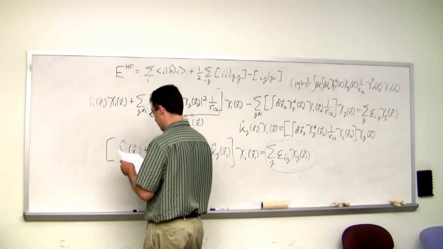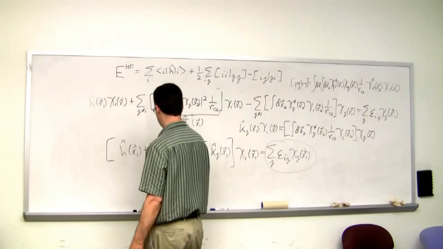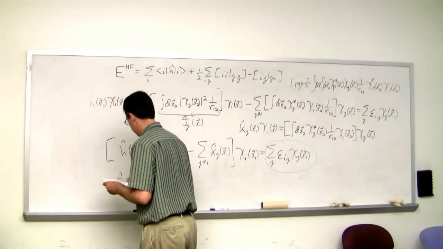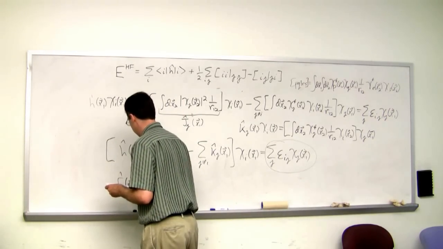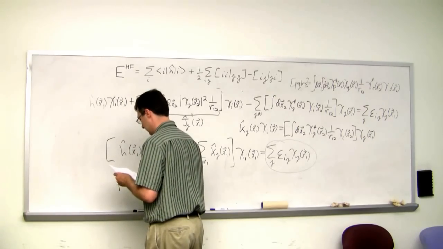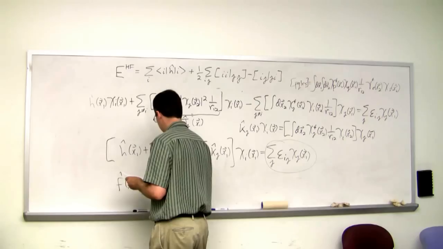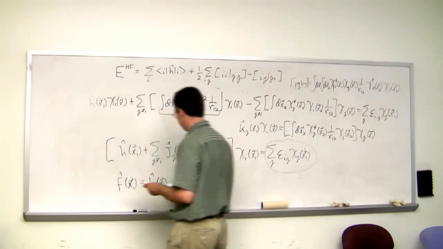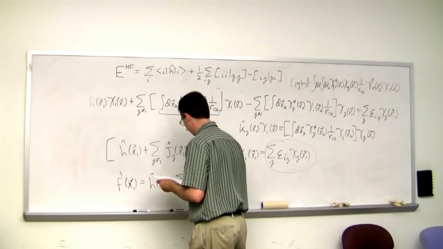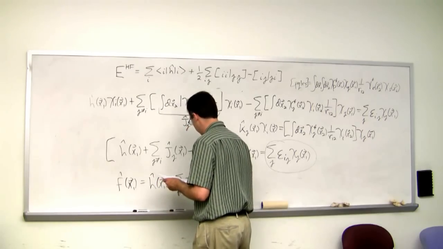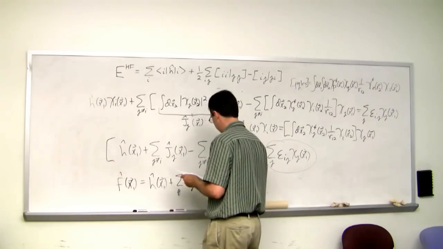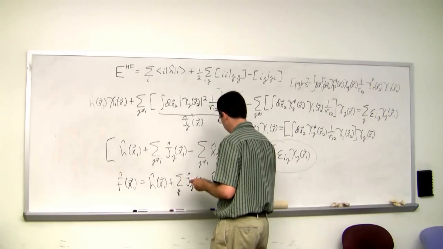And now let me define an operator f. F acting on x1 is h acting on x1, so f of x1 is h of x1 plus the sum over j, an unrestricted sum because the i equals j part doesn't matter anyway, of J_j of x1 minus K_j of x1.